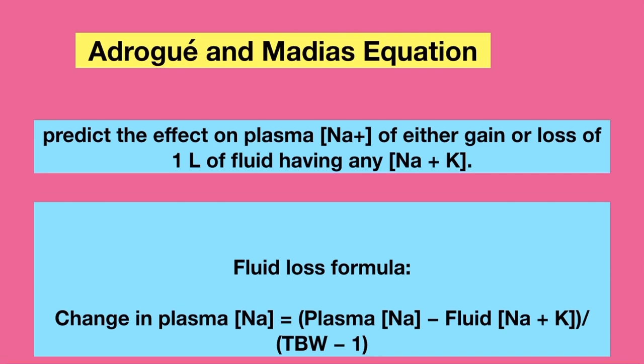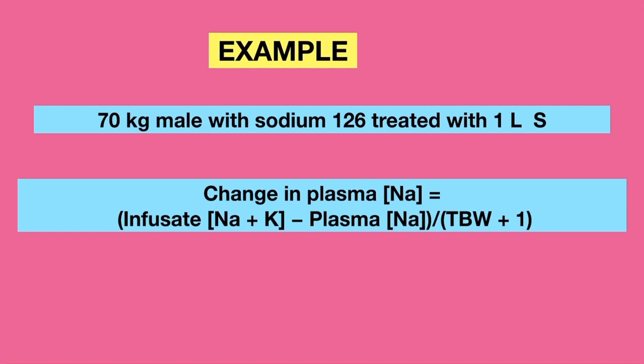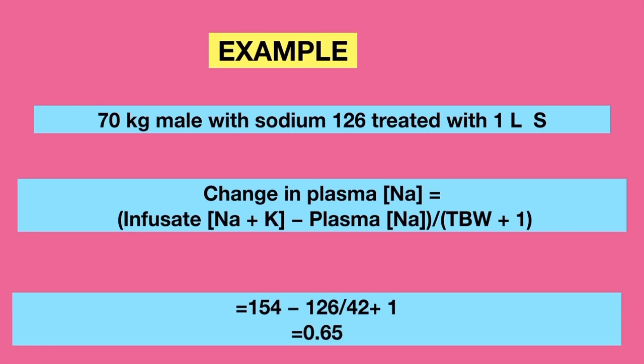To make this clearer, let's look at an example. In a 70 kilogram male with a sodium of 126 treated with 1 liter of saline, what will happen to his plasma sodium concentration? We know the equation: change in plasma concentration is equal to infusate sodium plus potassium minus the plasma concentration of the patient, divided by total body water plus 1. The infusate, 1 liter of saline, contains 154 milliequivalents of sodium.